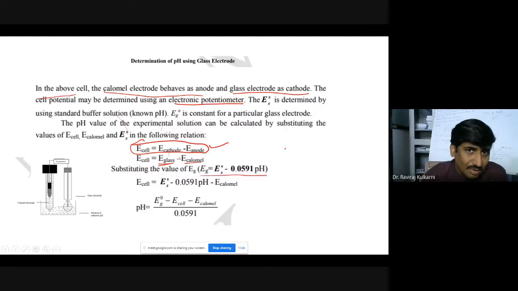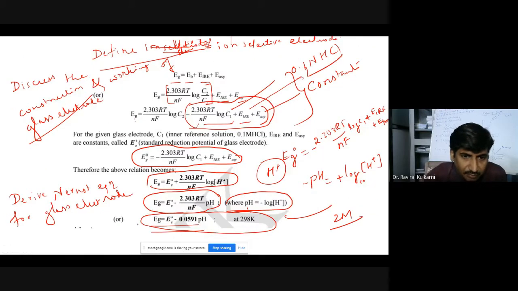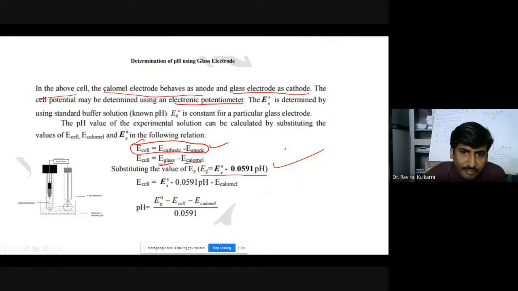When they ask how you determine pH using glass electrode, you don't have to derive that Nernst equation. You can directly substitute here. Eg is equal to Eg naught minus 0.0591 into pH. This we have already derived. Directly substitute that.